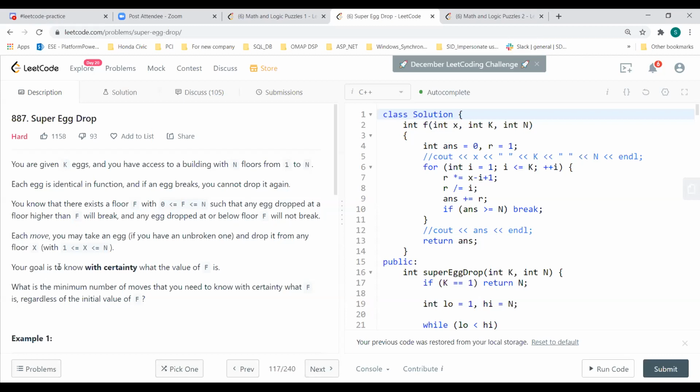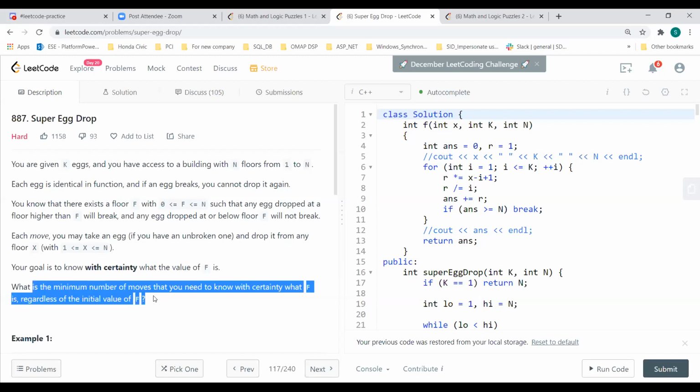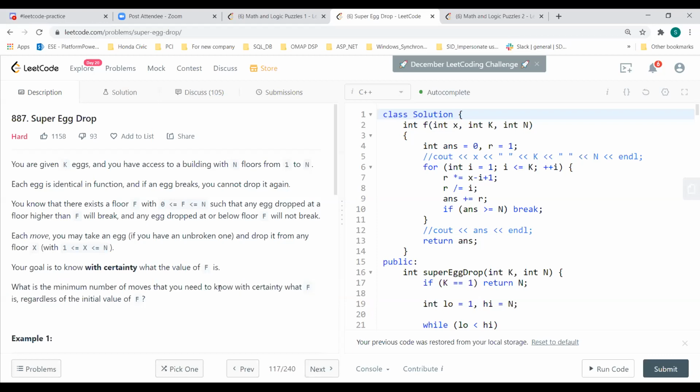Your goal is to know with certainty what the value of f is, right? So here we're trying to find the breaking floor. What is the maximum number of moves you need to know with certainty what f is, regardless of the initial value of f?